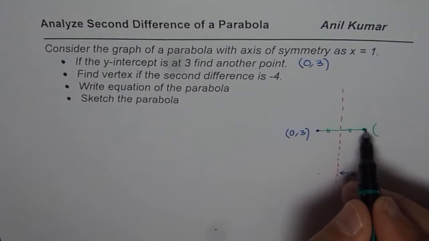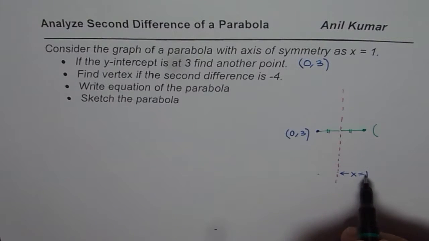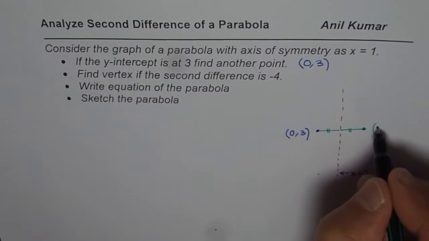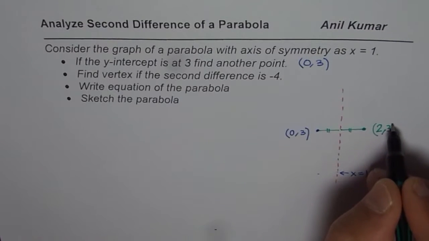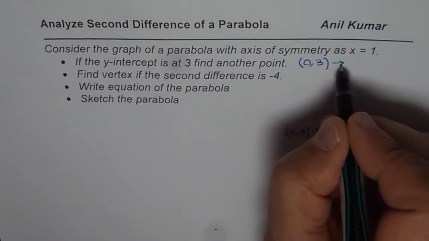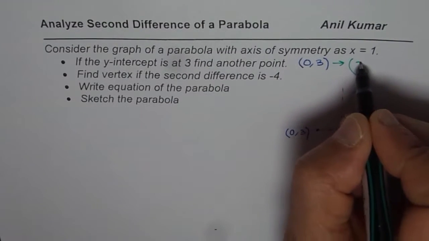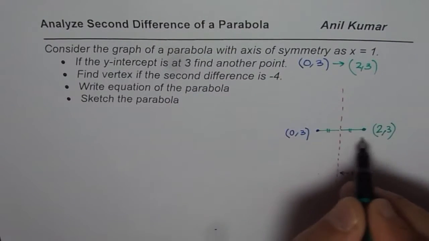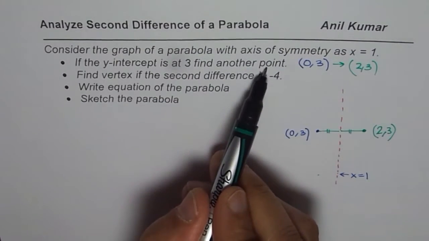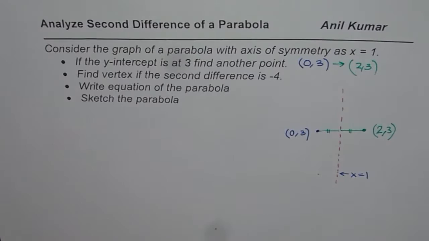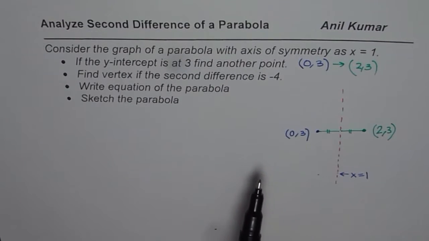It has to be 1 unit on the right. So the x value should be 1 plus 1 as 2. So we get 2, and the y value should be the same, so 2 and 3. So the point for us is 2 and 3, right? I hope you understand this concept of finding another point knowing the axis of symmetry. This is a very, very important concept.